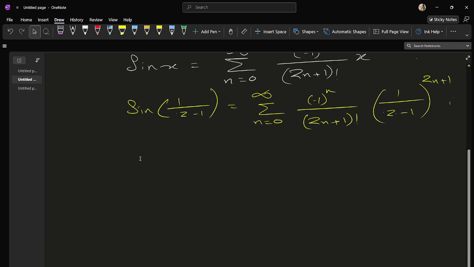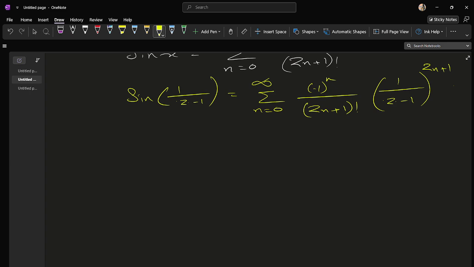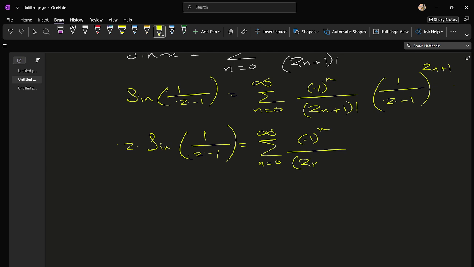Okay, so the function f(z) = z sin(1/(z−1)) is equal to the summation from n = 0 to infinity of (−1)^n / (2n+1)! times 1/(z−1)^(2n+1), and z will come out.